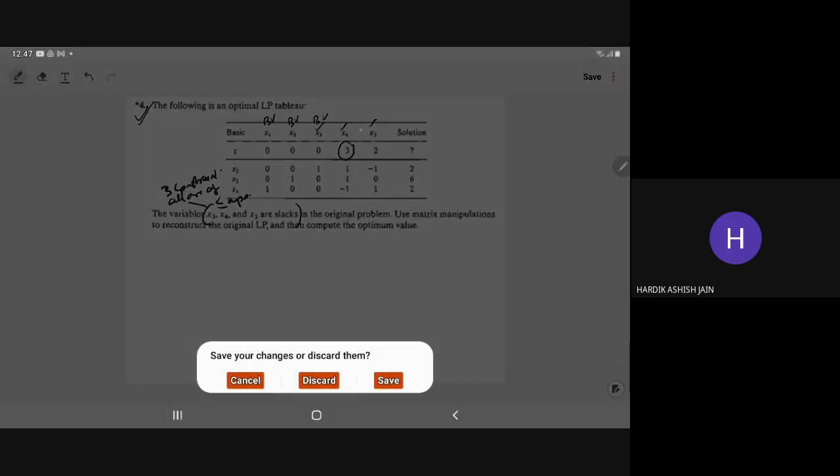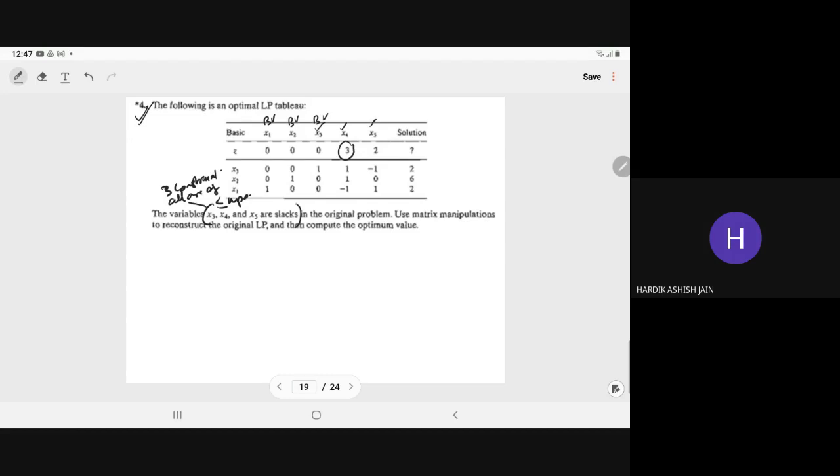It means the non-basic variables are x4, x5. Their z coefficient is positive, and we are saying that this is the optimal table.